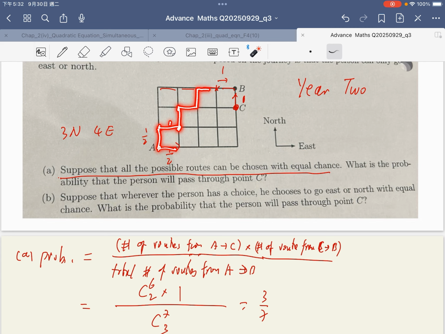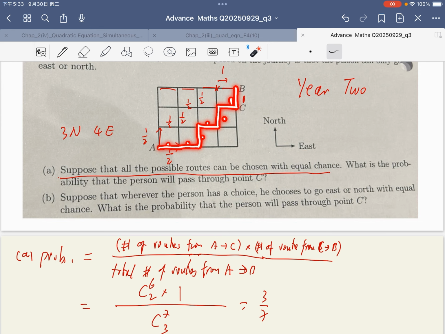Let me count the number of 1 over 2 factors here: 1, 2, 3, 4, 5, so five factors of 1 over 2. Let's look at another route: 1 over 2 repeated, let me count, 1, 2, 3, 4, 5, 6.